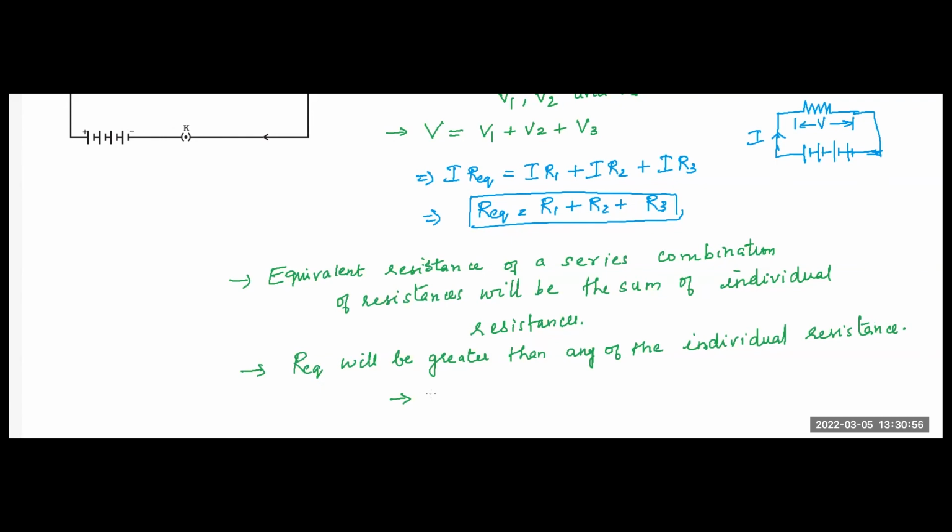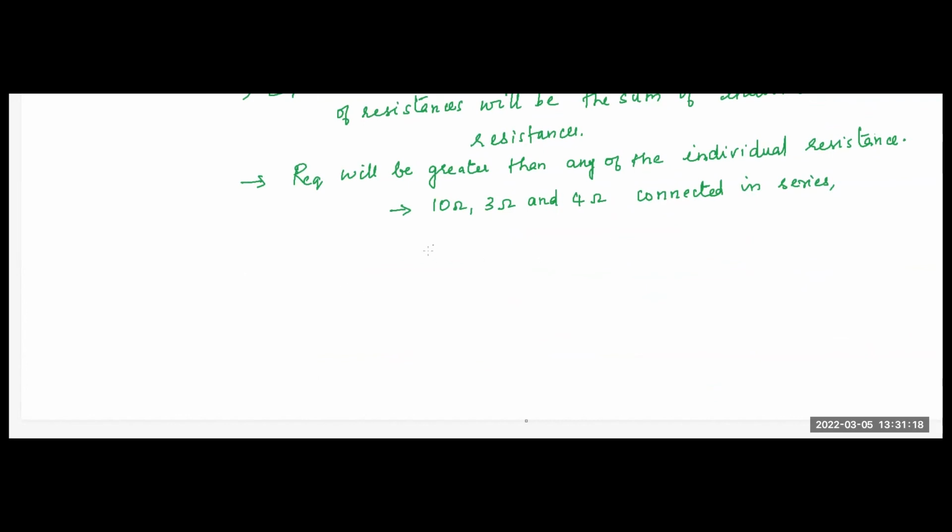For example, if I have 10 ohms, 3 ohms, and 4 ohms connected in series, then R equivalent will be 10 ohms plus 3 ohms plus 4 ohms, which is equal to 17 ohms. And this is greater than any of these individual resistances.